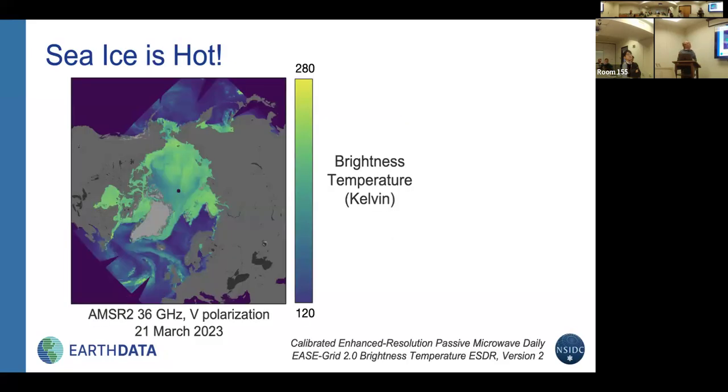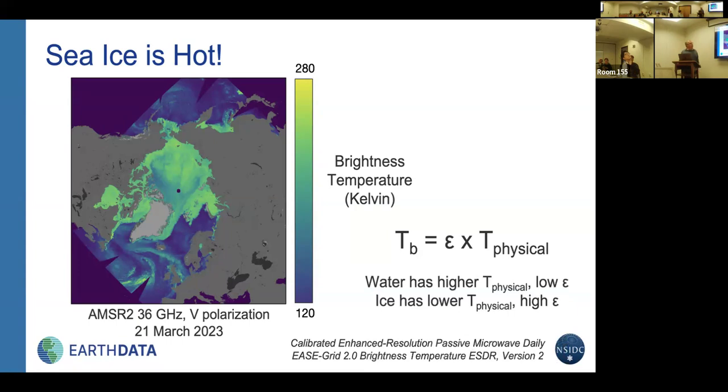Sea ice is one of the things that we use, and everyone thinks sea ice is cold, but it's actually hot, and not just as a hot topic. What we look at with the microwave emission is dependent on both the physical temperature and the emissivity. So we get what's called the brightness temperature, or TB, in units of temperature, like Kelvin.